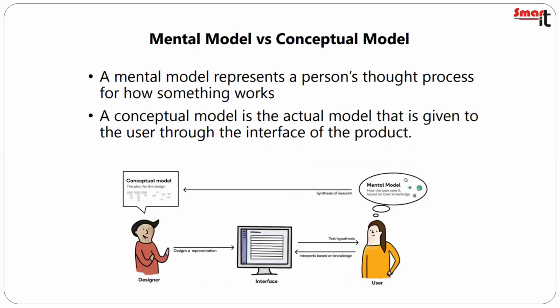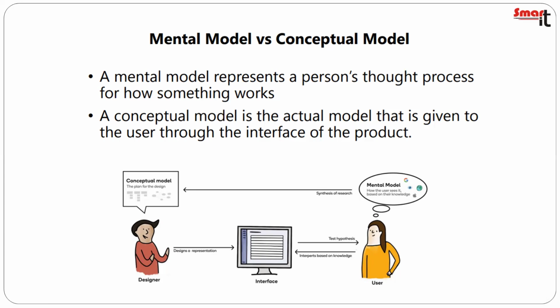Now, the mental model and the conceptual model. The mental model represents a person's thought process for how something works, and the conceptual model is the actual model and gives how it works. If there is a gap between them, then it will be a problem. Mental model means how you expect it to be, and conceptual model means what it actually is.